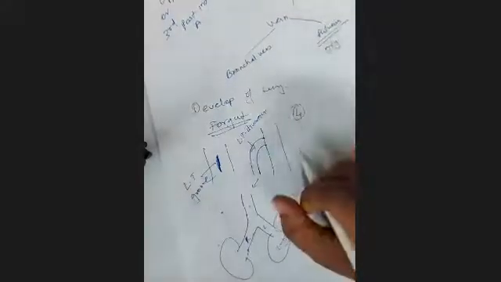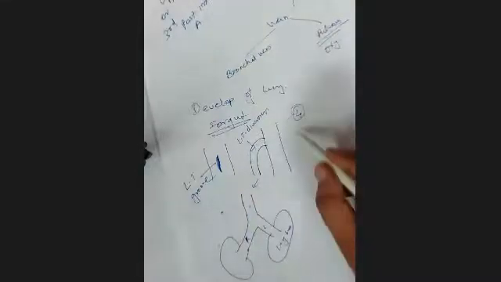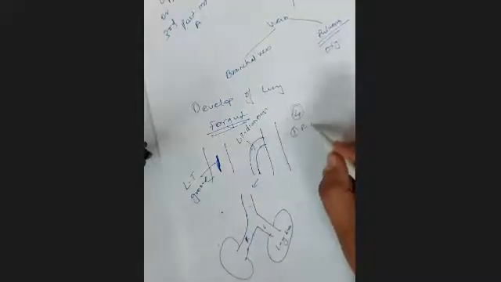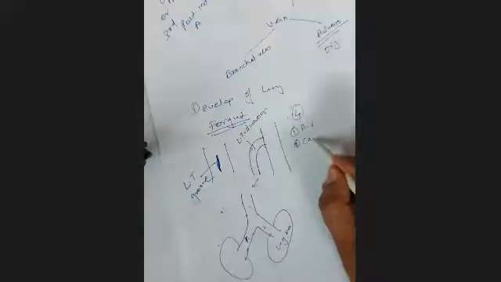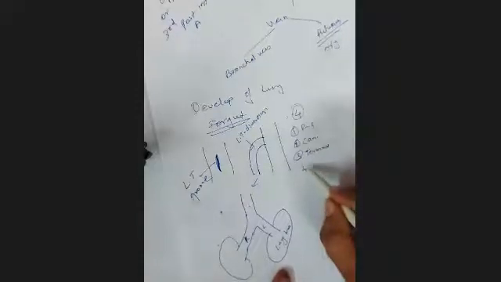There are four stages in the development of the lung. Their names are the pseudoglandular phase, the canalicular phase, the terminal sac period, and the alveolar phase.